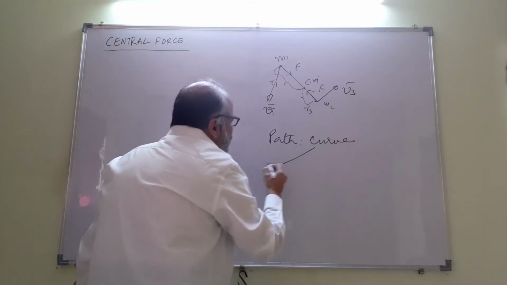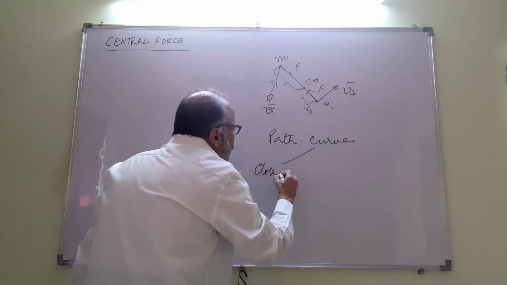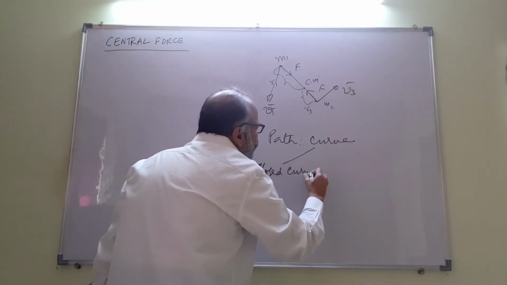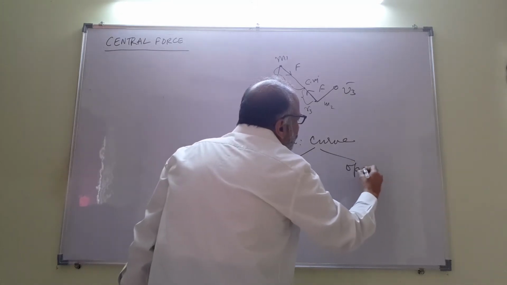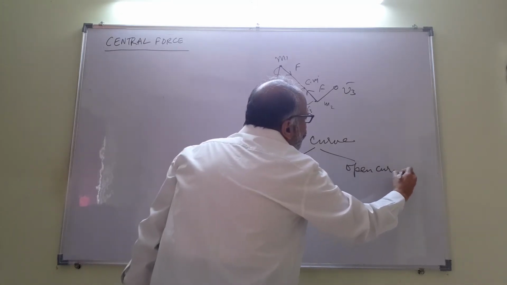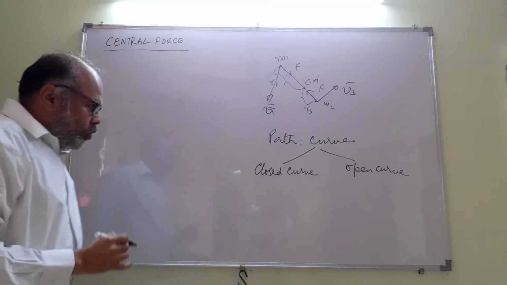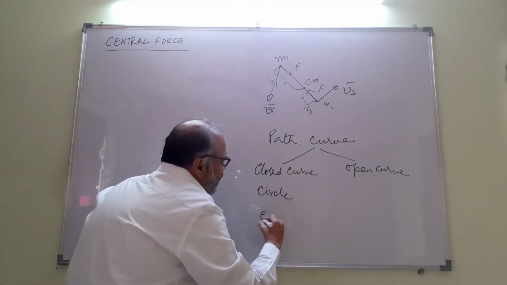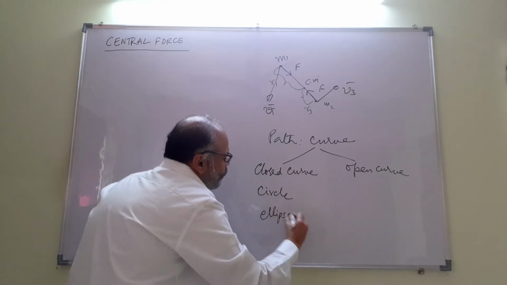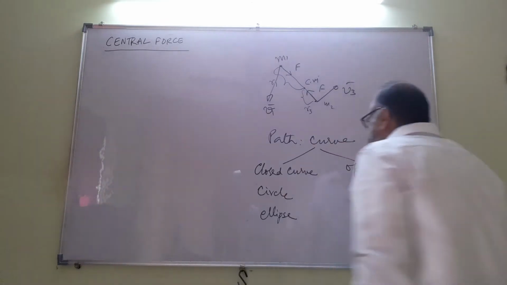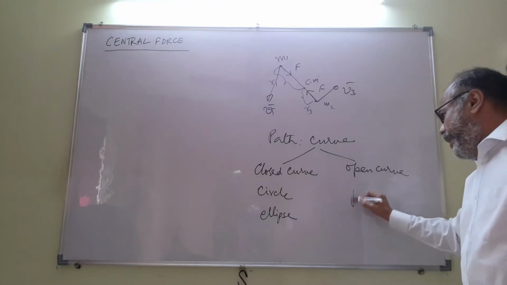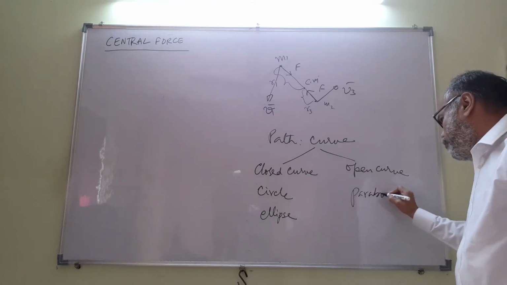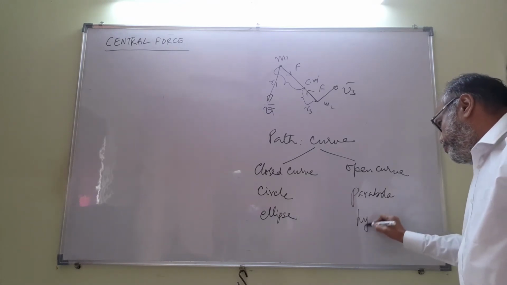Now this curve can be a closed curve or an open curve. The closed curves that are possible are the circle and the ellipse. And the open curves are the parabola or the hyperbola.